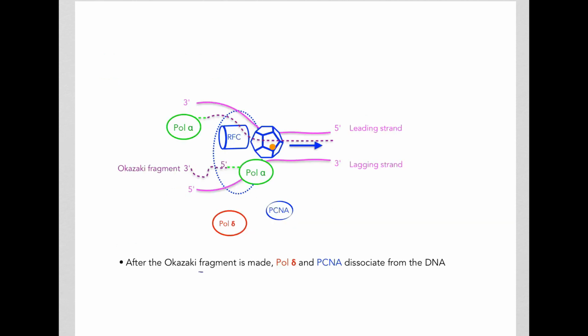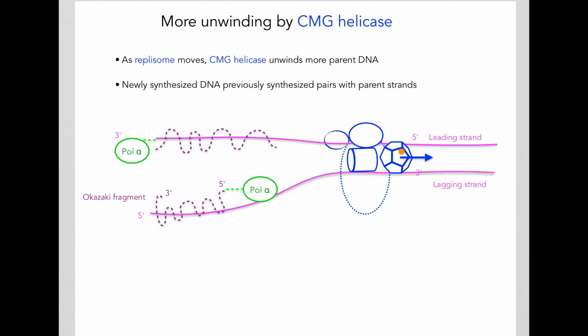So after the Okazaki fragment is made, Pol delta as well as the clamp PCNA will dissociate from the DNA. As the CMG helicase keeps on moving, in this case from left to right, the newly synthesized DNA that was previously synthesized will pair with the parent strand as shown here.